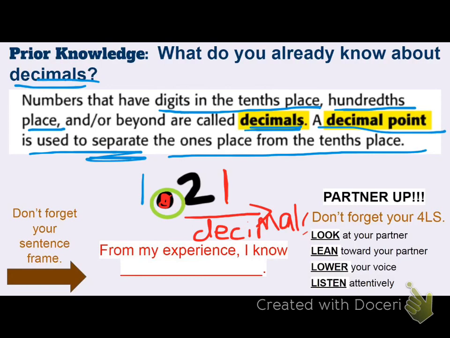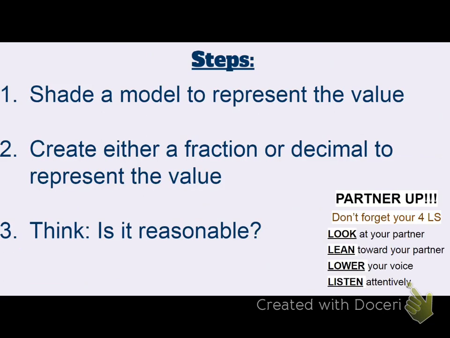This decimal can separate whole numbers and values that are less than 1. And now that we've been reminded about how fractions and decimals are relating and that they also show values less than 1 and the decimal is separating, we can get into the steps to solving the problems today.